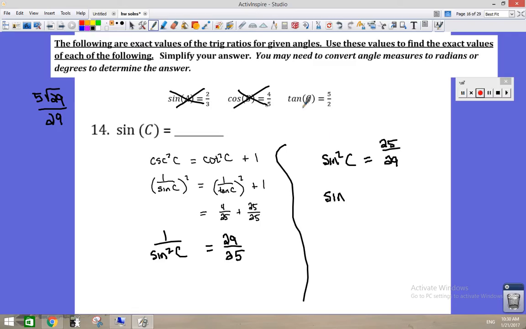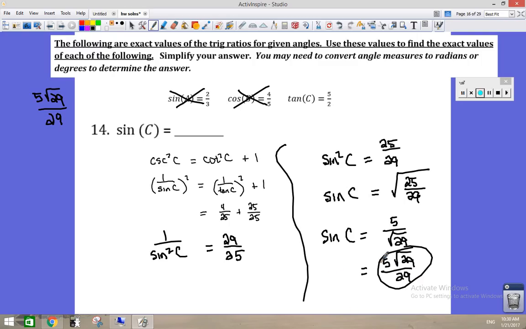If we make the assumption that these angles are all in quadrant 1, I don't have to worry about introducing a plus or minus symbol. So I take the square root of the numerator and denominator separately. Then I can rationalize that, and I get the same answer that I had before. All right, so I hope that helps. And like I say, I would do it the first way.